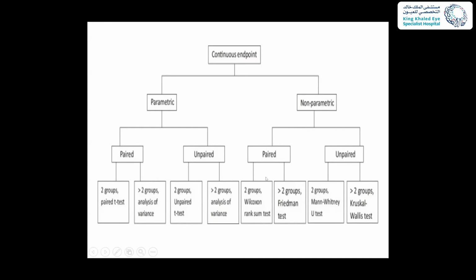For the non-parametric tests, the paired t-test corresponds to the Wilcoxon test, and if it's more than 2 groups, we have the Friedman test. For the unpaired non-parametric test, we have the Mann-Whitney test, and we have the Kruskal-Wallis test if we have more than 2 groups.